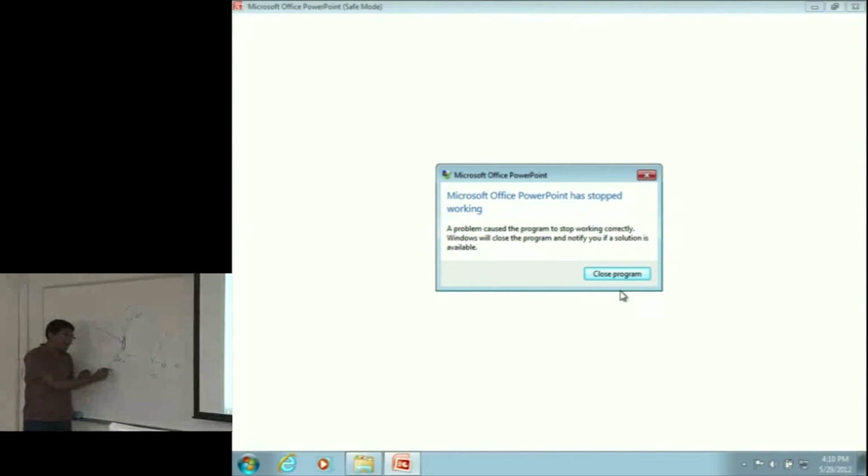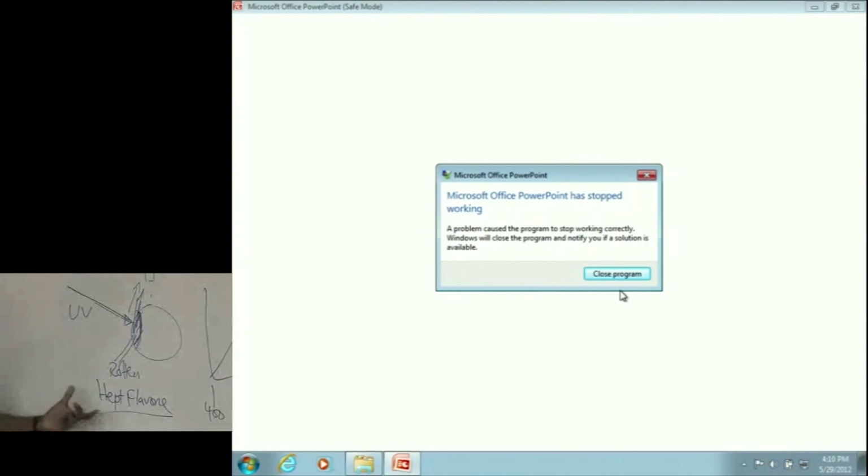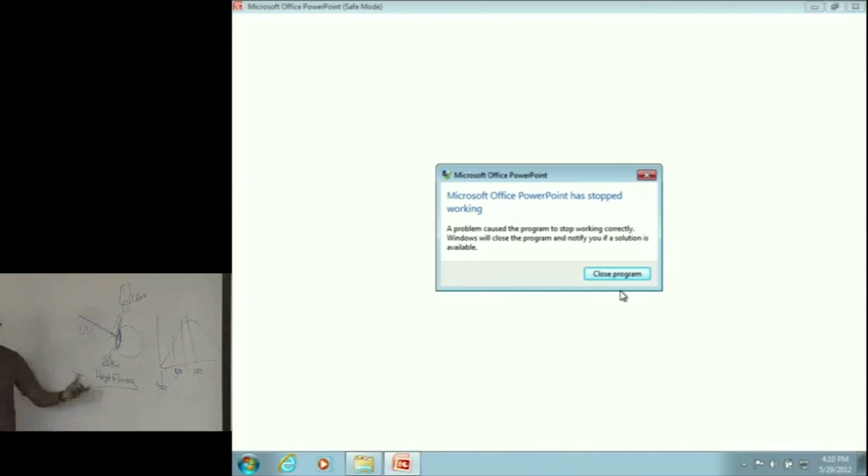Suppose heptamethoxyflavone: this chemical or substance has the property that when we excite it by UV, you can see the reflection in the visible range. That means these properties show fluorescence.